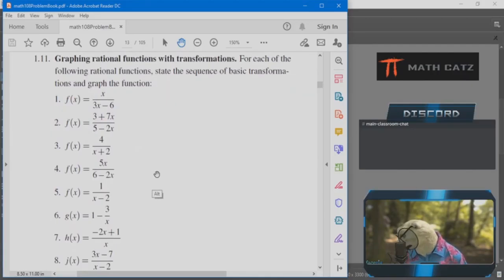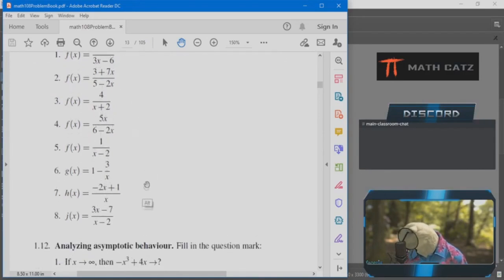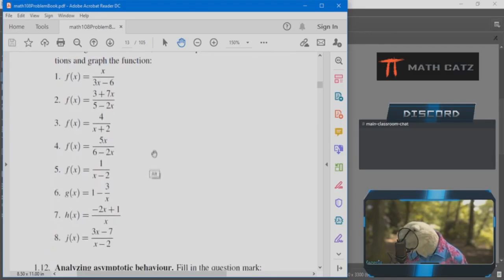We've done some of these in the rational function transformation problem set. I think we've done number 3 and we did number 8. Let's see what else is here that is interesting. Let's maybe do, I want to do 2 of them.